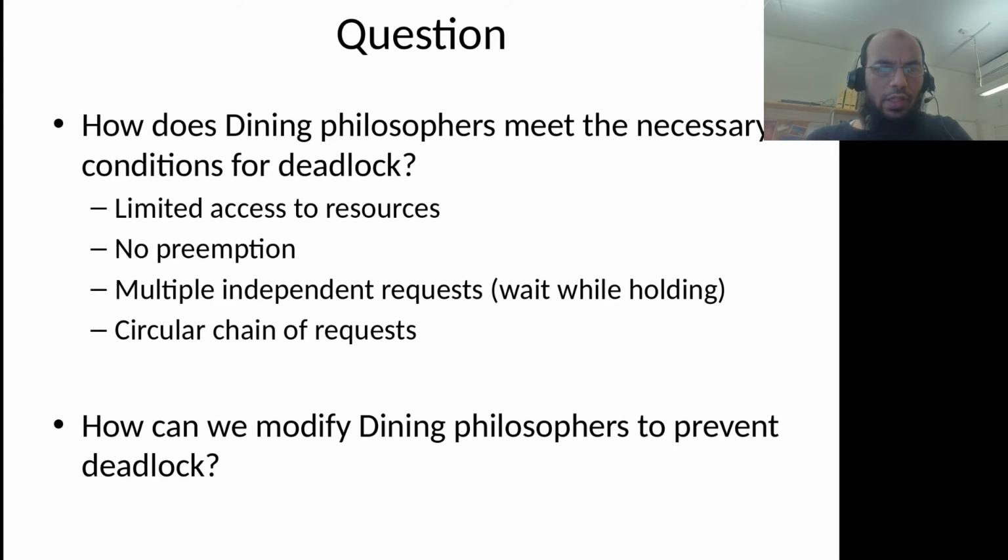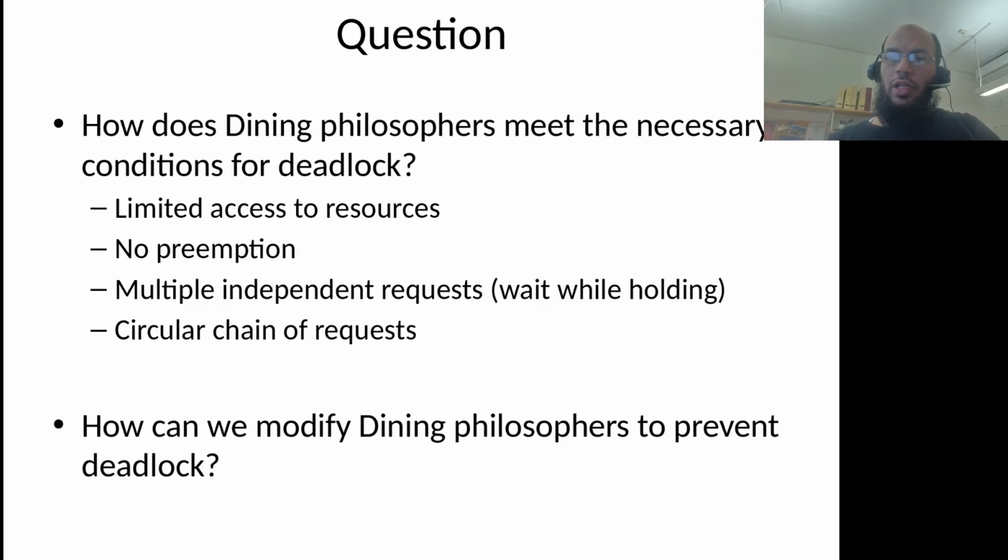Looking back at the dining philosophers, as we said, it meets all the conditions for being in a deadlock, and there are multiple ways to break that deadlock. One of them is to have an extra chopstick, for example, in the middle of the table. If you can add some extra resources, you can change it such that you need to pick two chopsticks at the same time, and if you don't, put down whatever you have picked.